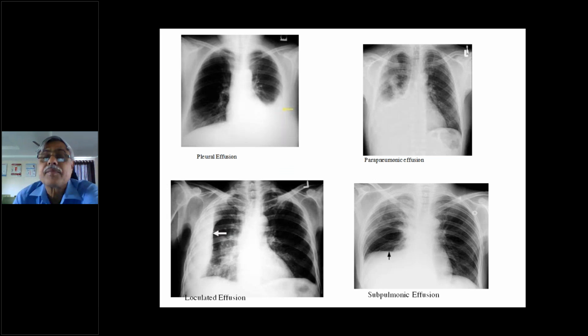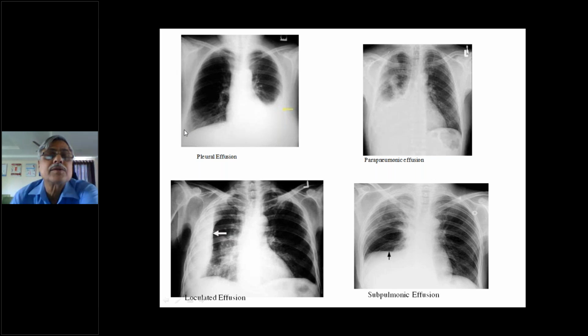X-ray findings are, of course, this Ellis-Damoiseau curve. What is this known as? Cardiophrenic angle. This is the cardiophrenic angle. The cardiophrenic angle is obliterated.